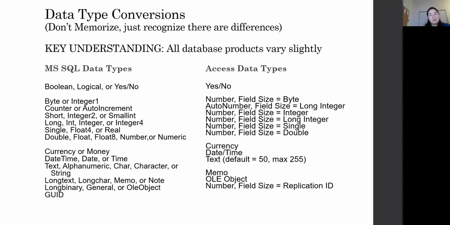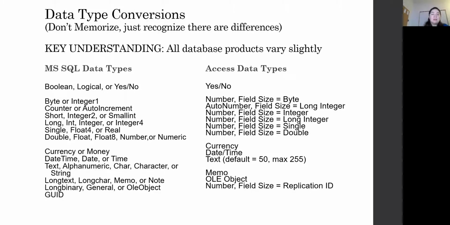Okay, and just a little bit more on the amount that the language changes or is the same. Although the language is basically the same, different database management systems are going to have slight differences.